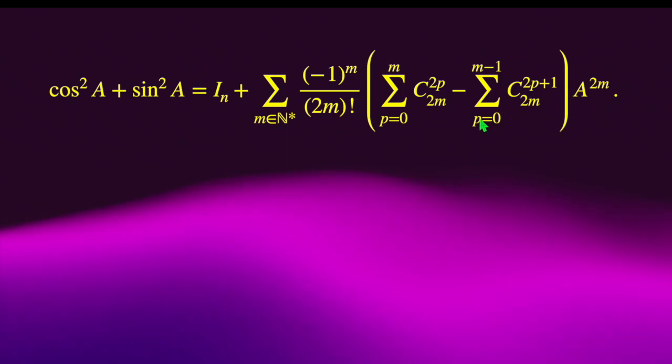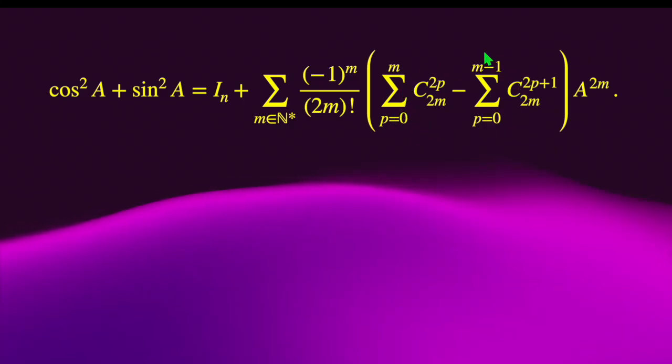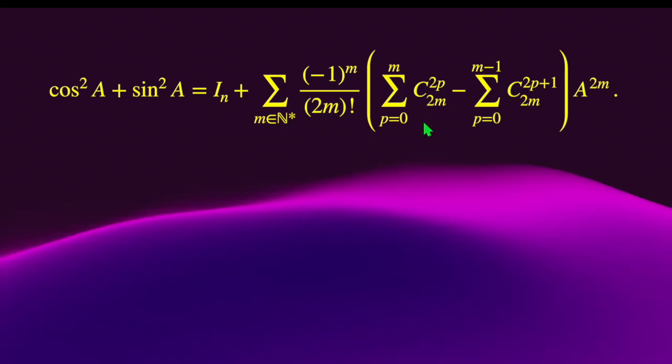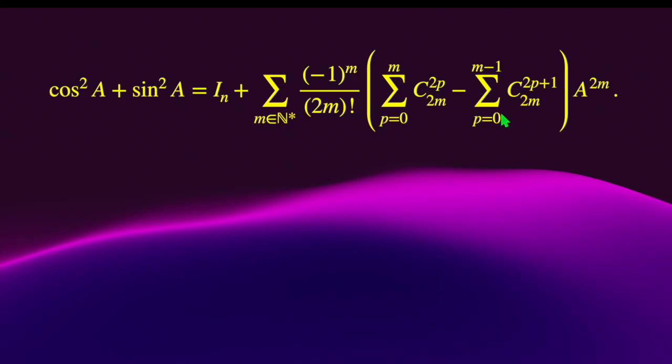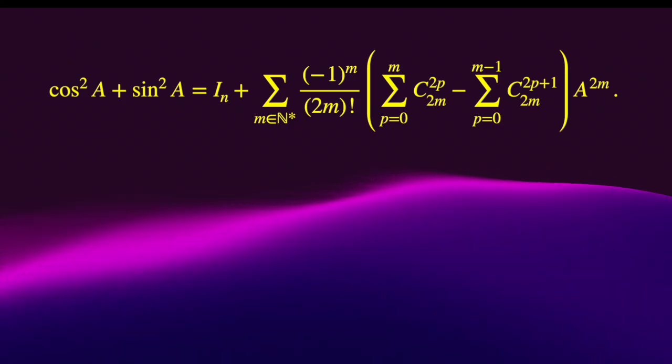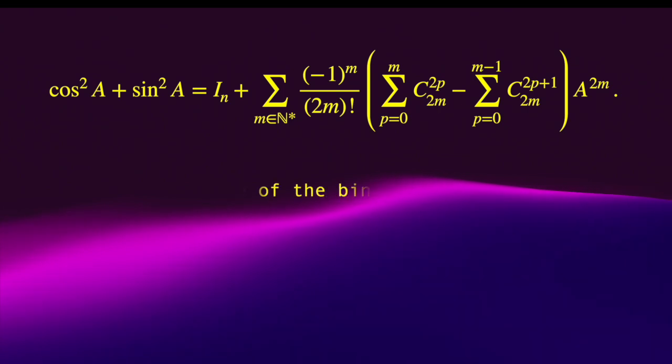Now we will show that actually this quantity is equal to 0. This is a consequence of the Newton binomial relation.